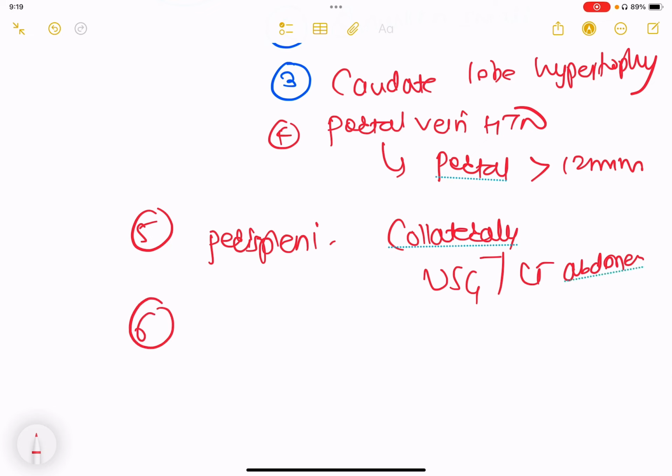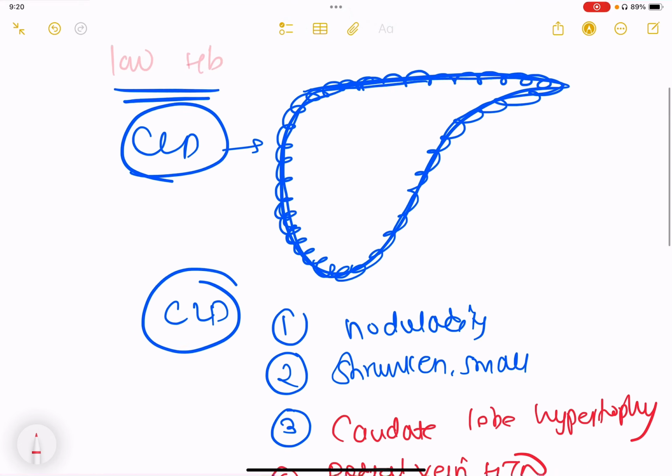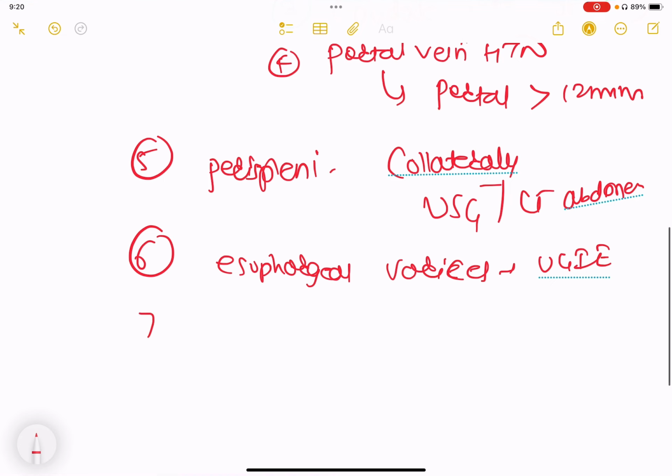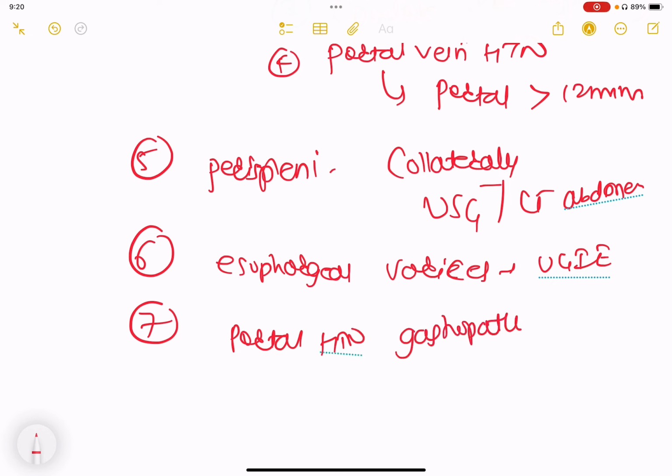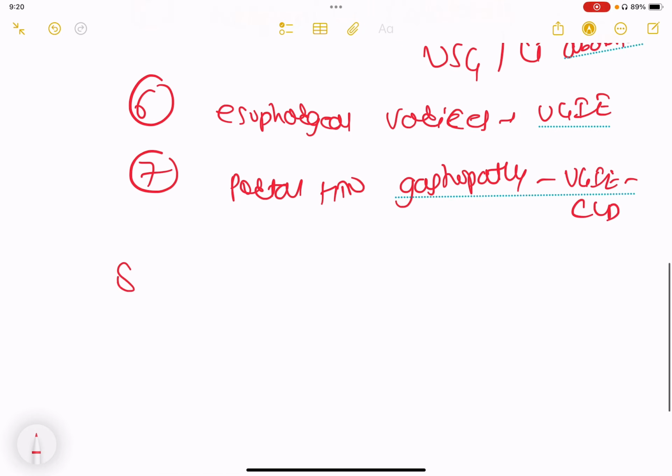Whenever the patient has esophageal varices, that is very commonly seen with upper gastrointestinal endoscopy, we can say that the patient has CLD. Very commonly, the patient may have portal hypertensive gastropathy, which can be seen again on endoscopy, and this again suggests that the patient has CLD or cirrhosis.